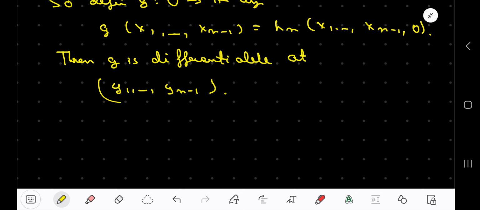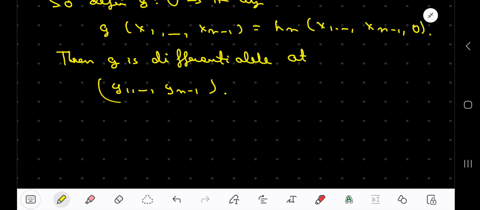So we have the function in hand, we have the required open sets in hand. So all we need to show is that the level curve is exactly equal to the graph of G. That's all we need to show in terms of these open sets U and V, nothing else.